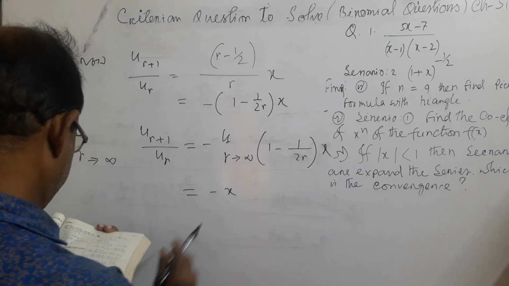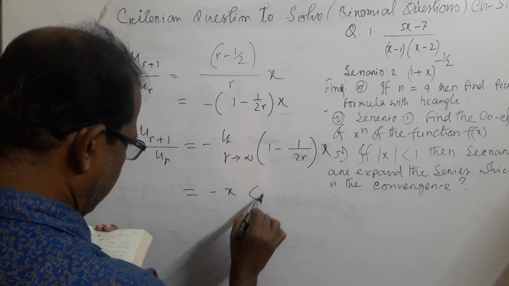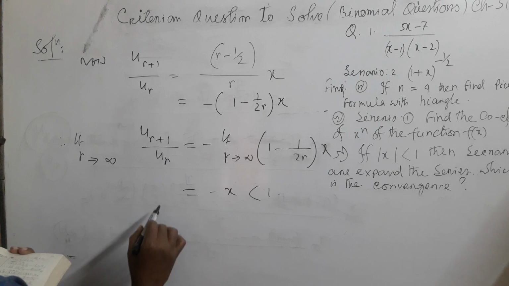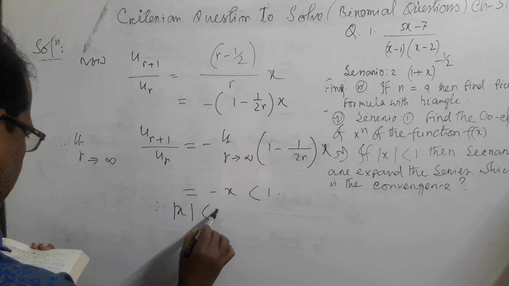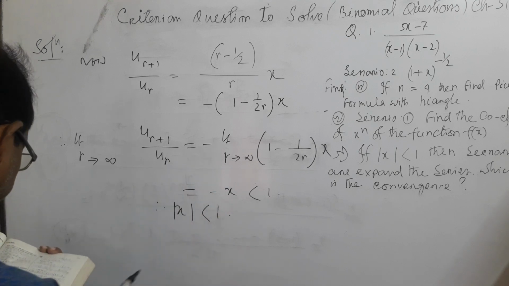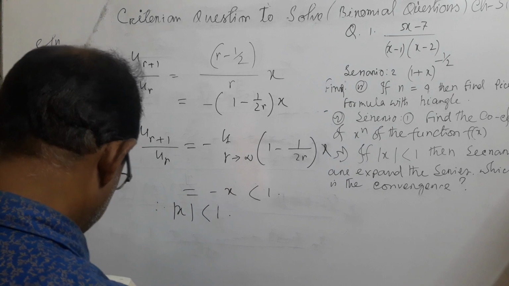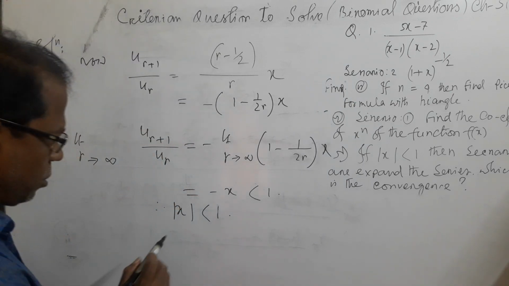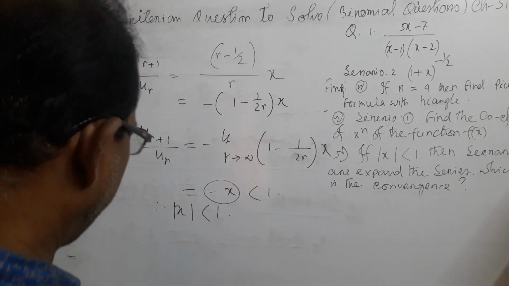That's why minus x, and modulus of x is less than 1. So we have to prove that modulus of x is less than 1. By D'Alembert's ratio test, the limit is minus x.